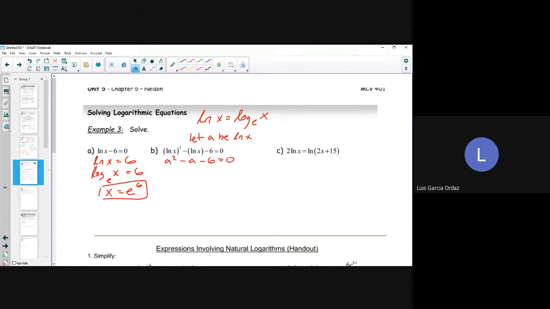Now, what would my trinomial be factored into? Simple trinomial, guys. What would this be factored as? A squared minus a minus 6.